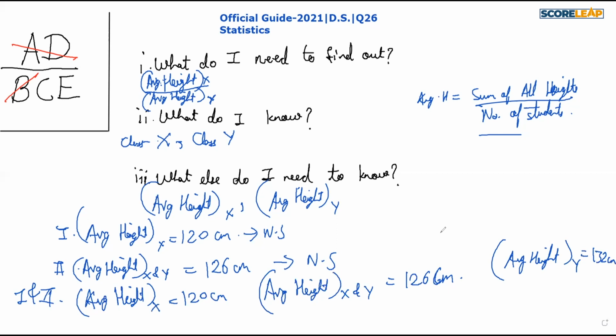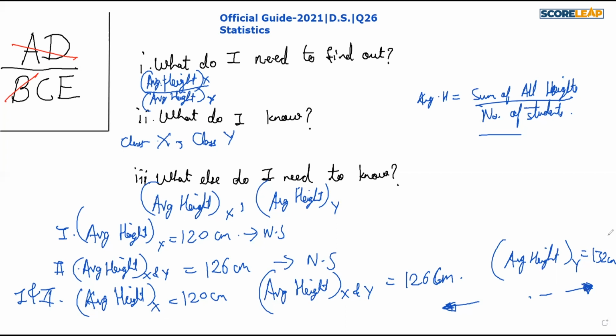But if the number of students in class Y is 2 times or 3 times, or as it increases, then the average height of class Y will go close to 126. And if the number of students in class Y is less than in class X, then it will go away from 126, away from this 132. If they are equal, then it is 132. Otherwise, we cannot figure out the value of the average height of class Y.